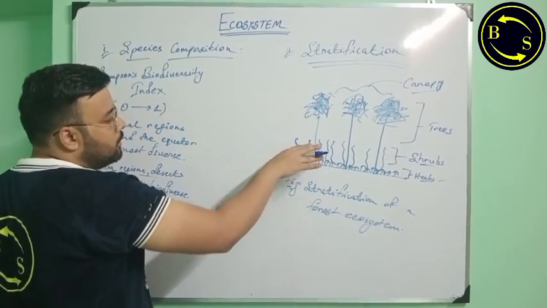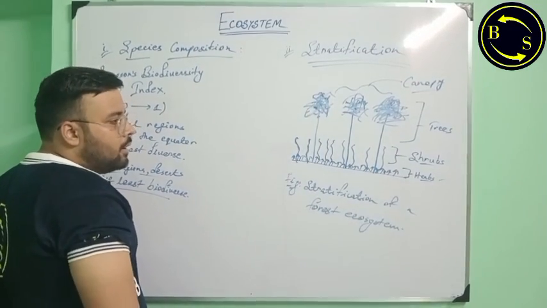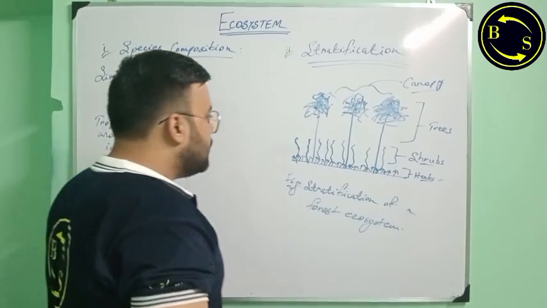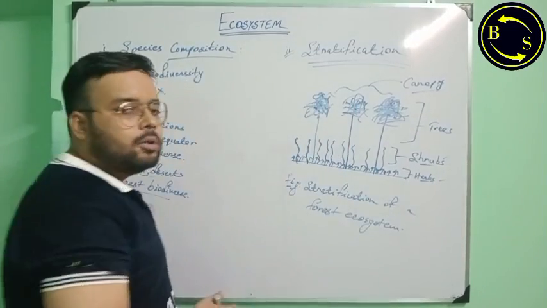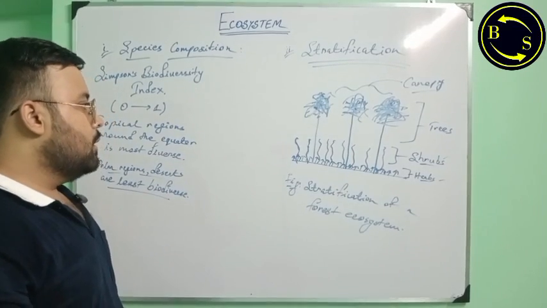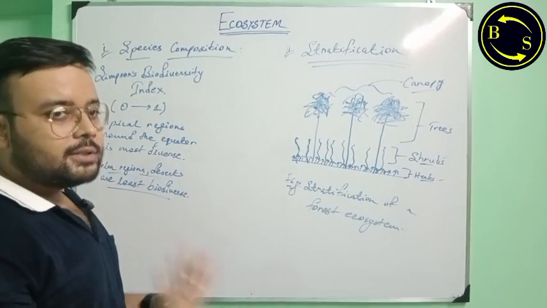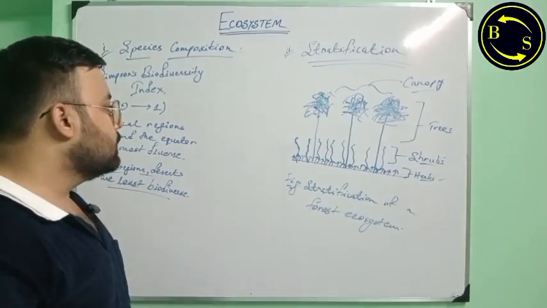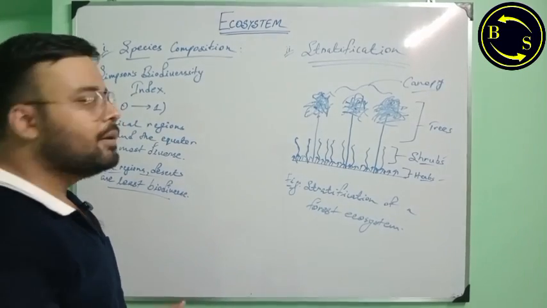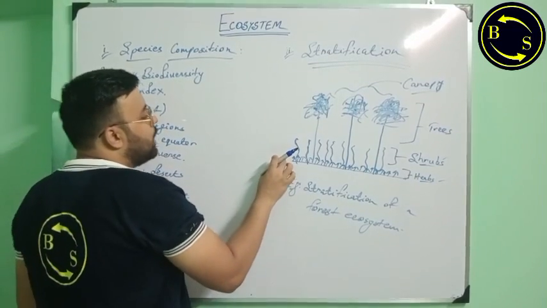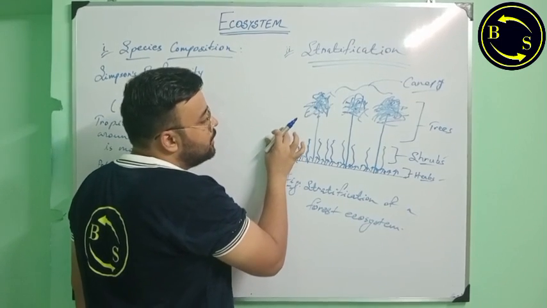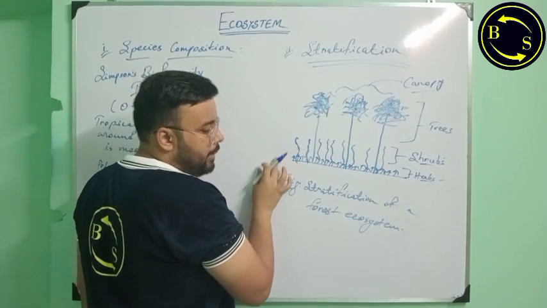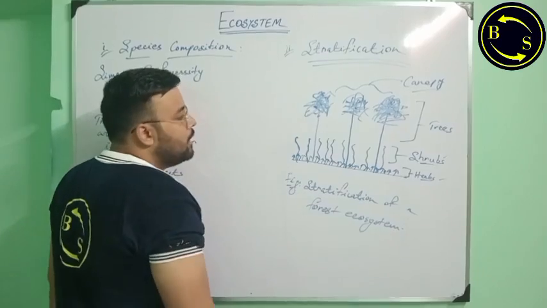They do not exist in the shrub layer. There are animals which depend only on the shrub layer. They do not depend on the herb layer. However, there is some overlap. In real life, there is some overlap because some herbaceous animals are also dependent on shrubs, and some shrub-dwelling animals are also dependent on herbs, and vice versa.